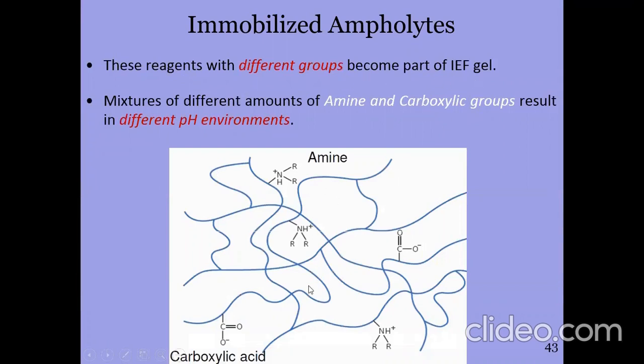A mixture of different amounts of amine and carboxylic groups results in different pH environments. You can see there are amino groups and carboxyl groups, and these carboxylic acid groups and amino groups are a permanent part of the isoelectric focusing gel.